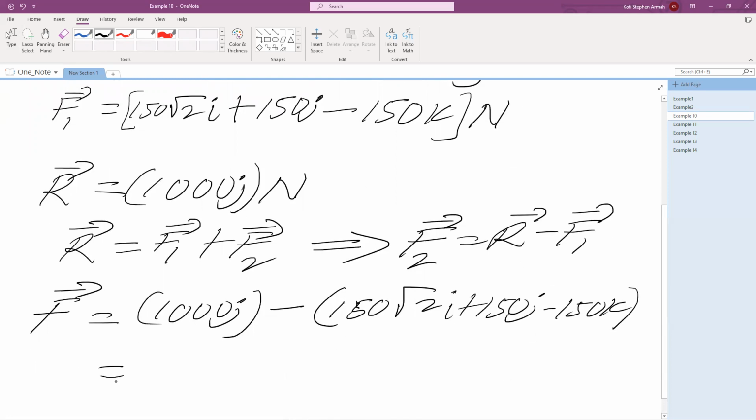F2 is going to be negative, because this is only the i, negative 150 square root of 2 i. And then this is 1,000 minus that. 1,000 minus 150 is what? That is 850, isn't it?